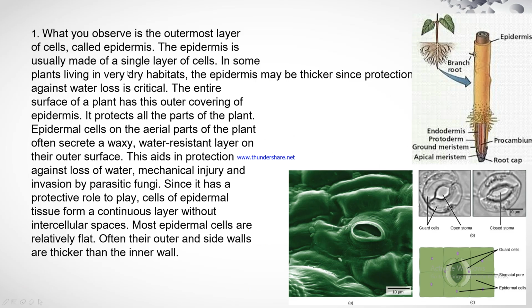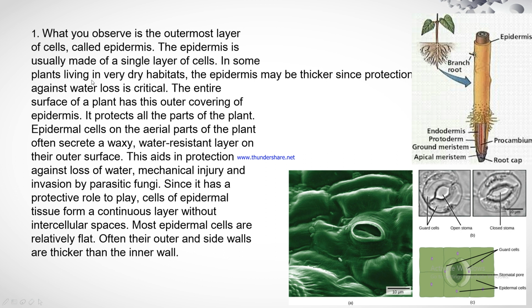Now you see this epidermis. What you observe is the outermost layer of the cells, called epidermis. The epidermis is usually made of a single layer of cells. Already I told you, the entire epidermis is made up of a single layer of cells.